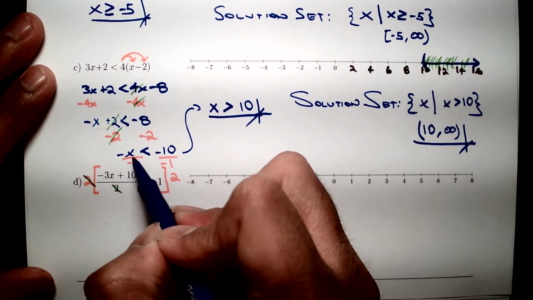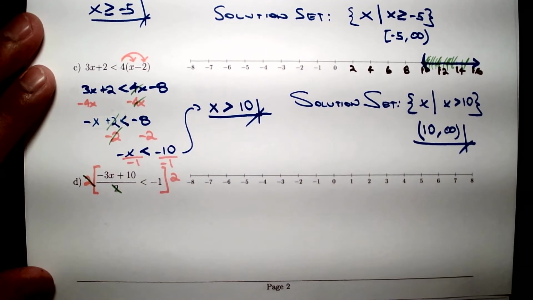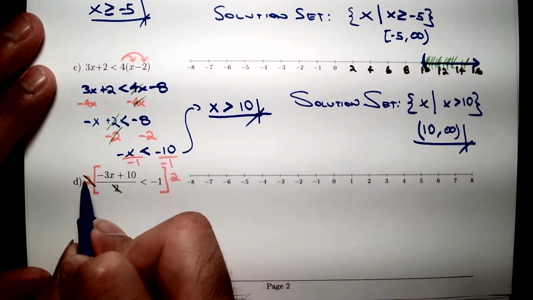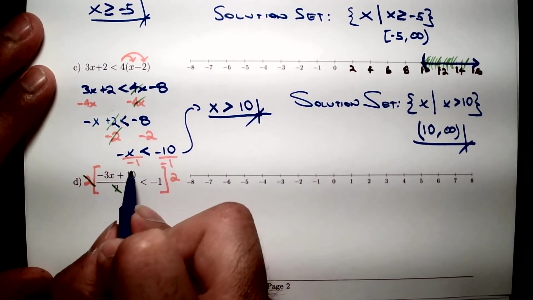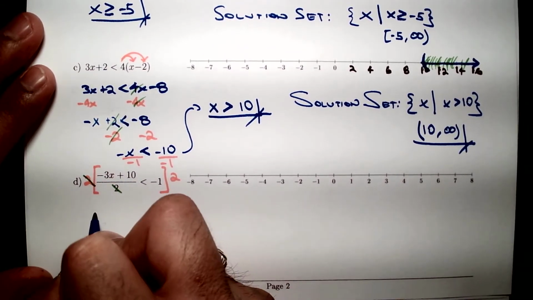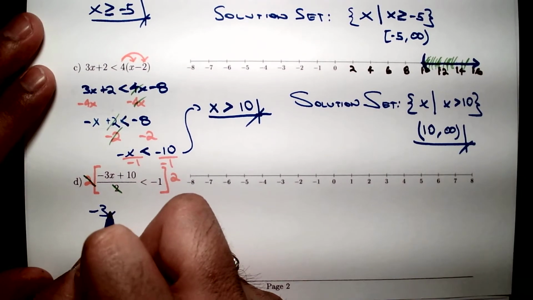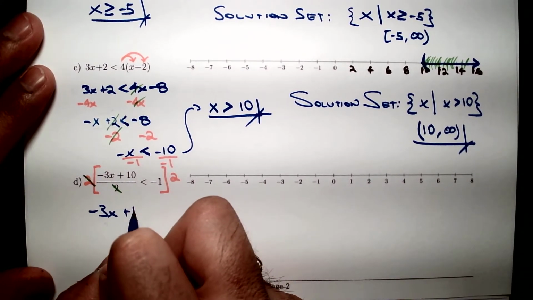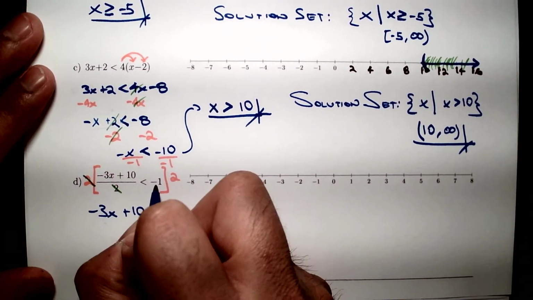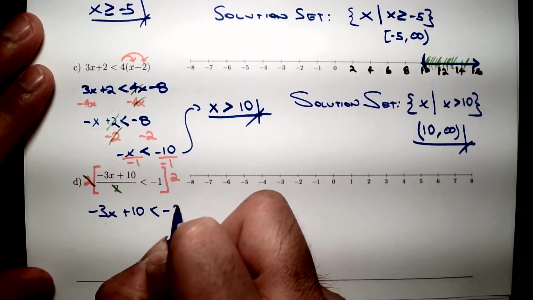Don't feel tempted to distribute this because that's not the correct way. So here we are multiplying both sides to just cancel, and we bring down what we are left over with, which is -3x plus 10 less than -1 times 2, that's a -2.